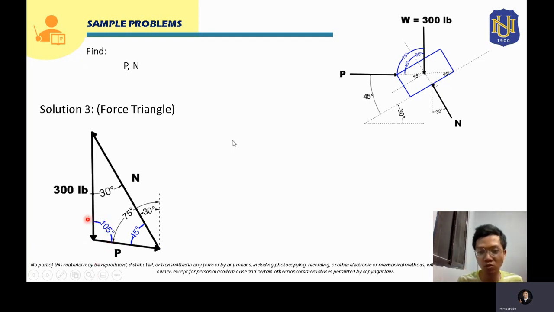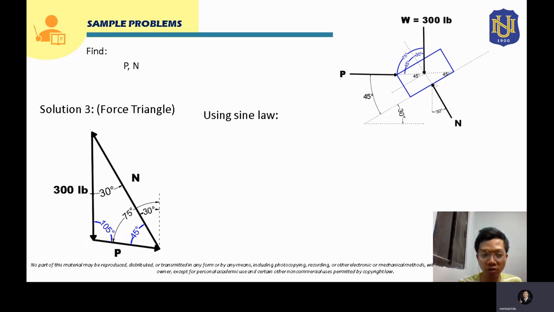So it depends on what's easier for you to solve for these angles. From this triangle, we have all the angles, and we have one known side and two unknown sides.